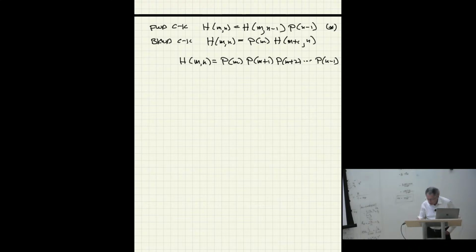What was the homogeneous Markov chain for that? It basically said h of m and n would be p itself to the n minus m. But the p's change with time, so we can't just use the same p.